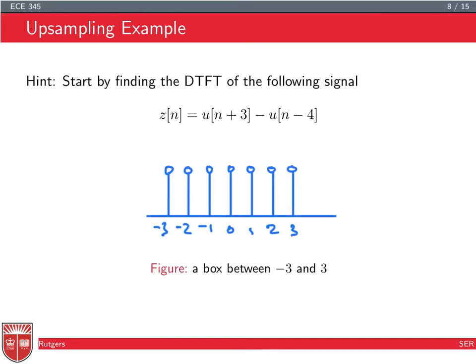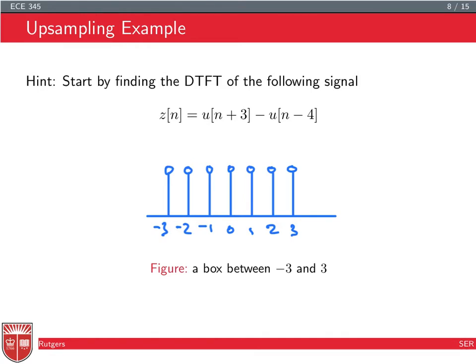And this is the box signal that I talked about. It's a box between -3 and 3, and it has value 1 in this interval, and it could be written, here designated by the signal z of n, as u[n+3] minus u[n-4]. So why is it that way?